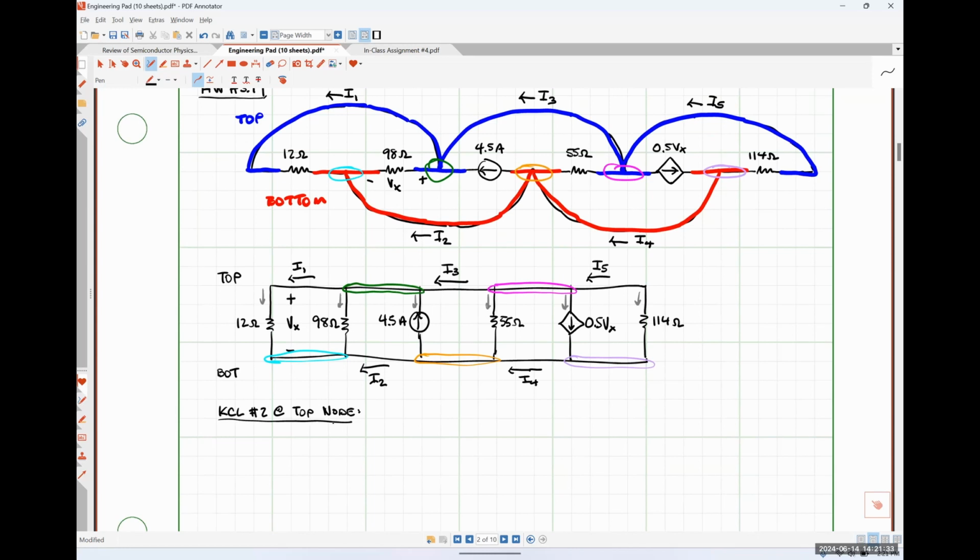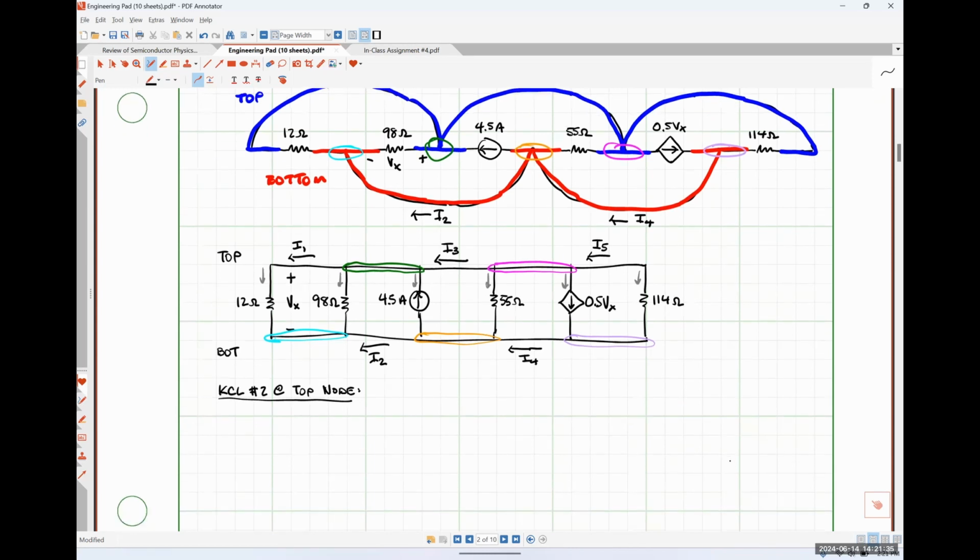the current that's flowing down through the 12 ohm resistor could be expressed as Vx over 12 ohms, just using Ohm's law. Very similarly, the current flowing down through the 98 ohm resistor would be Vx over 98 ohms.